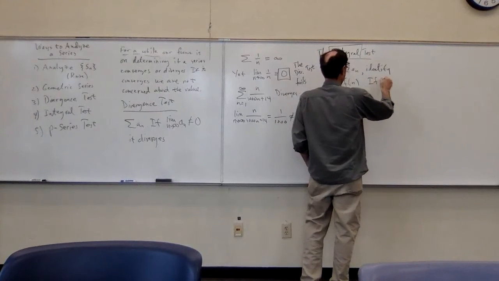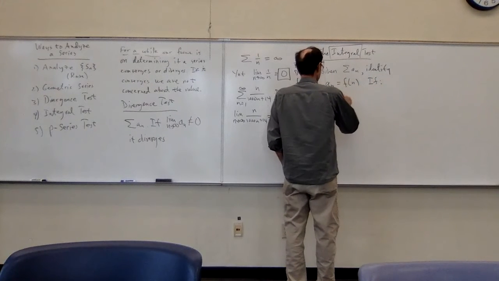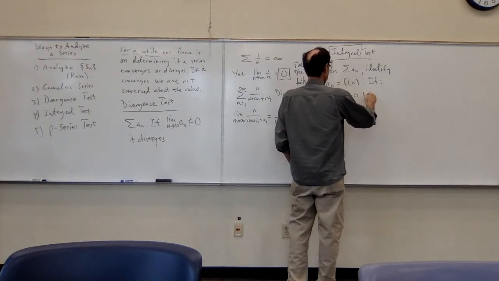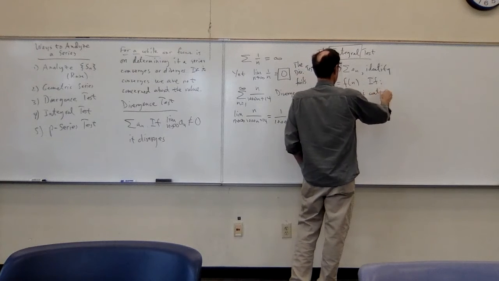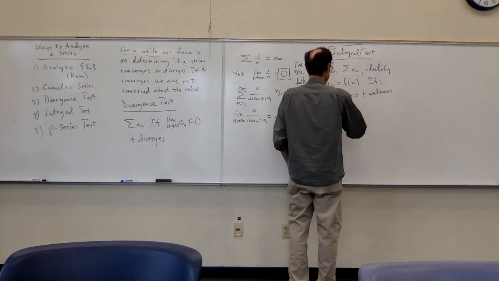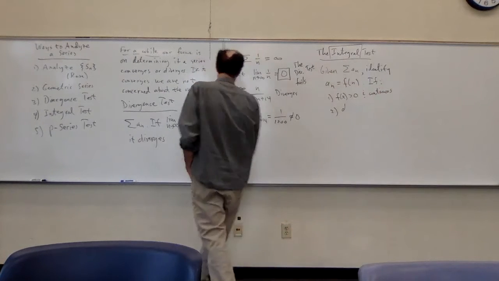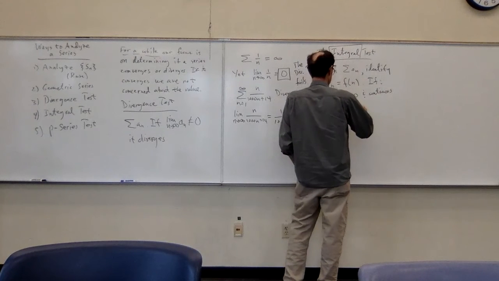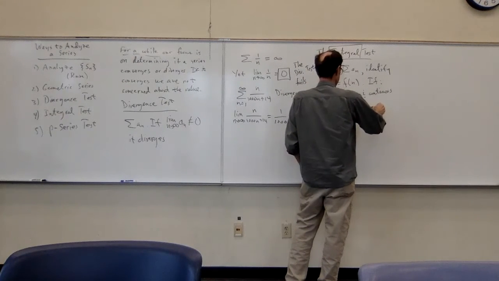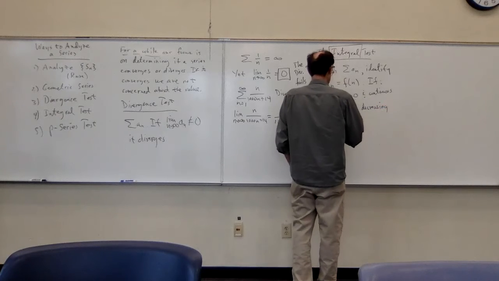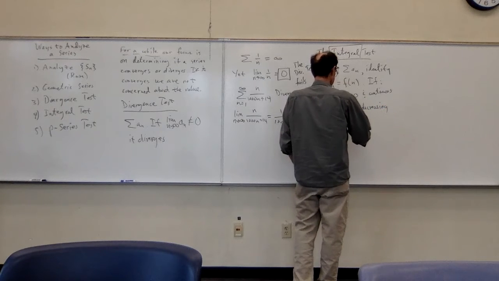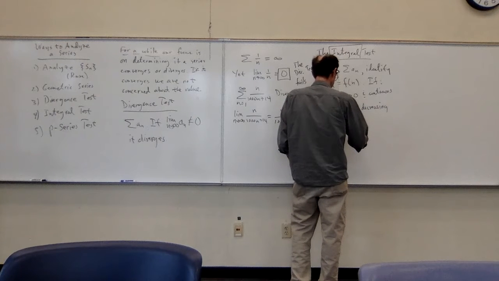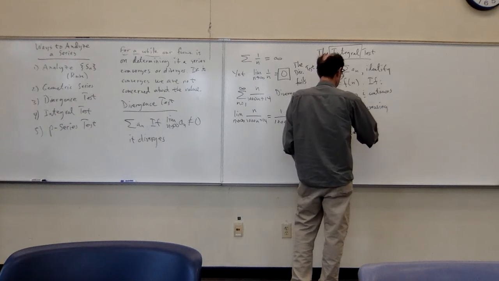If, number one, f of x is bigger than 0 and continuous, number two, f of x is decreasing, and three, the limit as x goes to infinity of f of x equals 0.